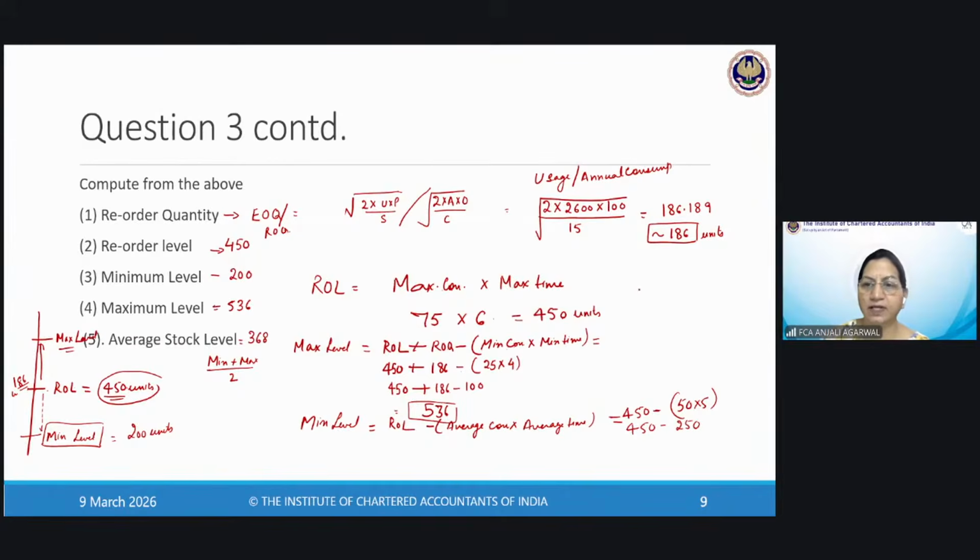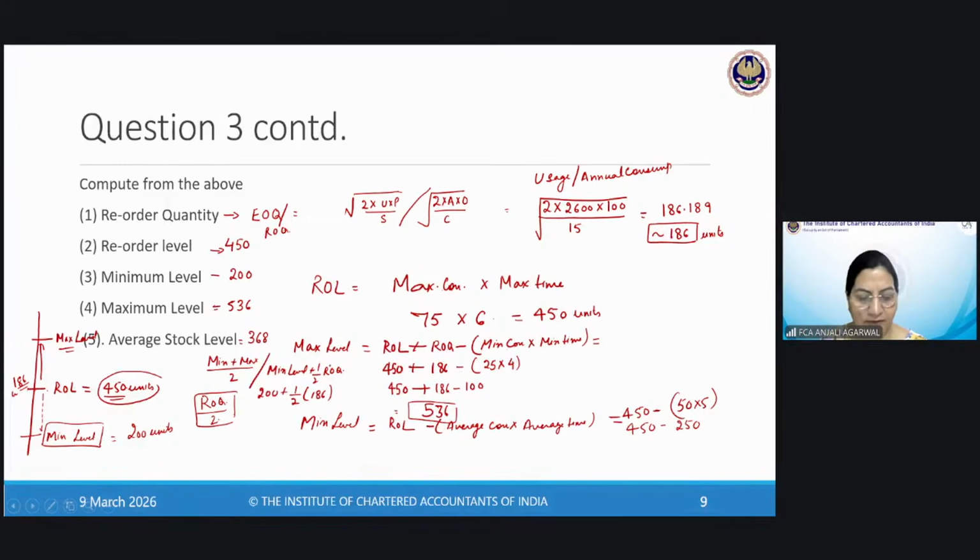Or alternatively, you can take the average level as the minimum level plus half the reorder quantity. So minimum level is 200, and half the reorder quantity is half of 186.